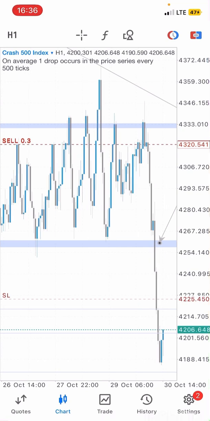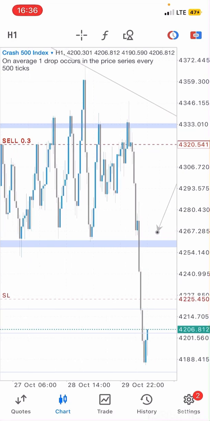Now this was the breakout. They broke out of this resistance, of this ranging market as well, and they fell all the way down. So in trading a breakout, remember, always wait for the breakout and the retest. But in this case, you didn't have to do that, right?